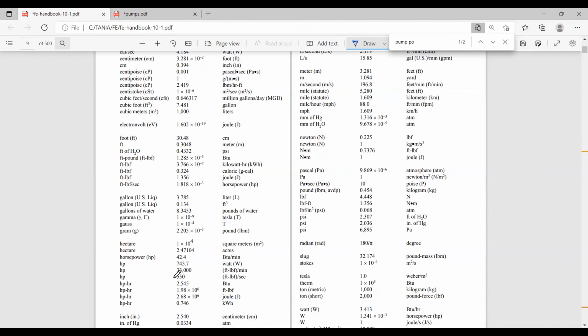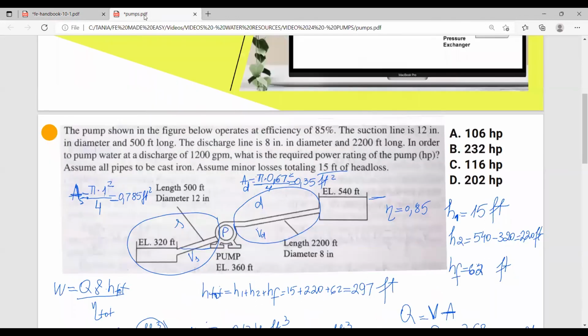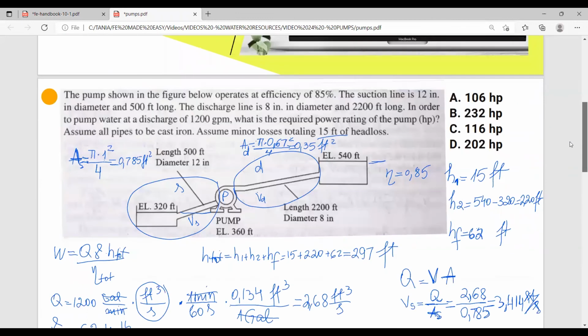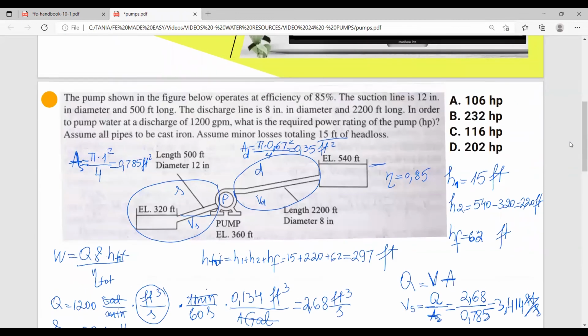Now, in order to get horsepower from feet pound per second, we have to divide by 550. So let me divide this number by 550. I get 106.24 horsepower. And let's see our answers here. 106, and our answer is A.